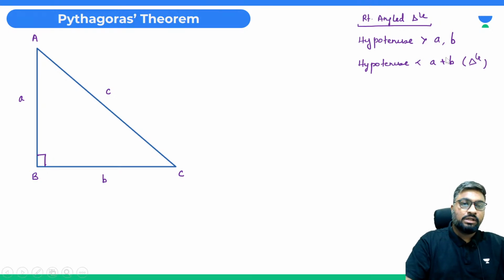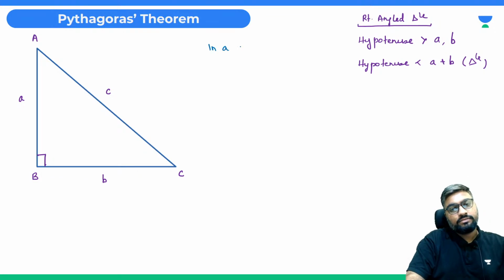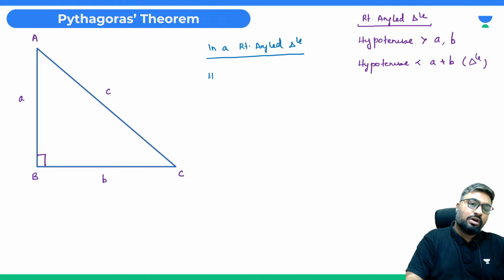Cool? Now, according to Pythagoras theorem, in a right angle triangle, the hypotenuse, or the square of the hypotenuse, should be equal to the sum of the squares of the other two sides.